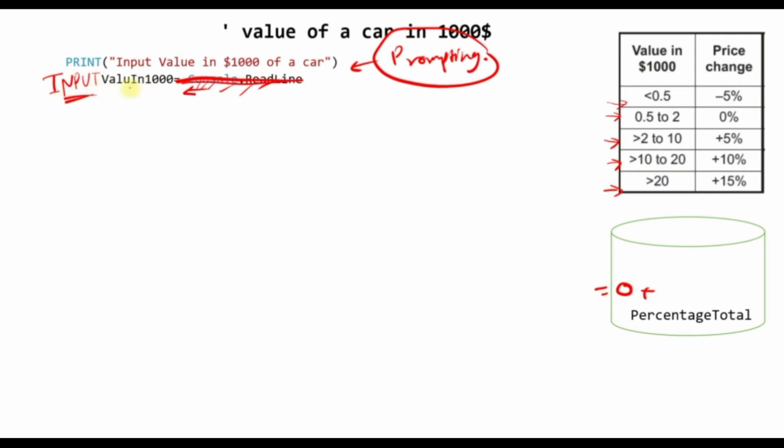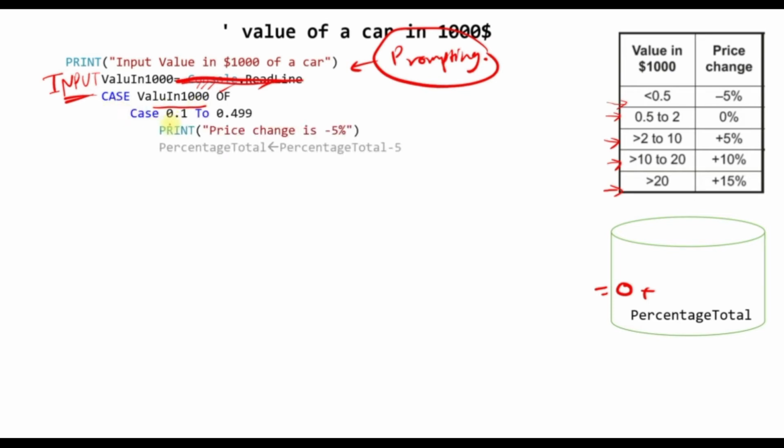And now the user will input a value between 0.5 or even from 0 till greater than 20, one of these values. And then also CASE value in thousands, the variable that we declared, and as you can see here, it's a meaningful name and one word without spaces, and also we use the CASE statement.